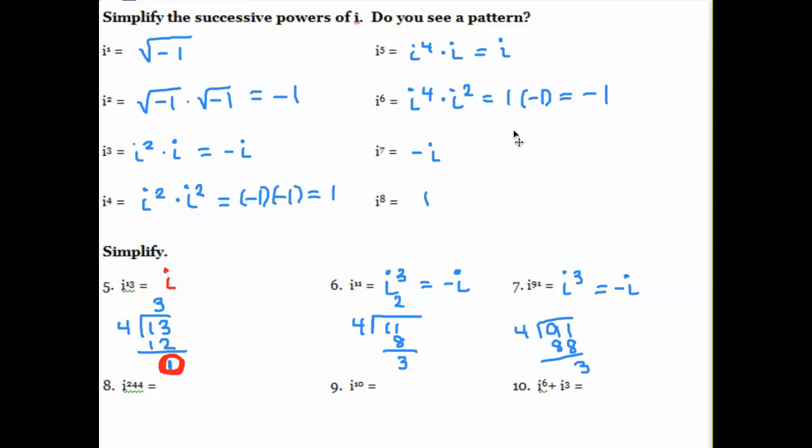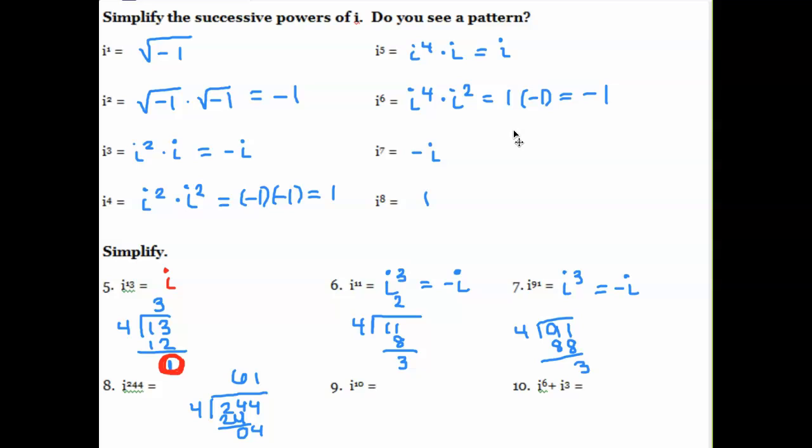Okay? i to the 244. So 4 goes into 244. Do you remember how to do long division? And again, I know a lot of you have calculators too. But again, it would be, okay, 4 into 24 is 6. So you get your 0, bring down your 4, and you get 61.